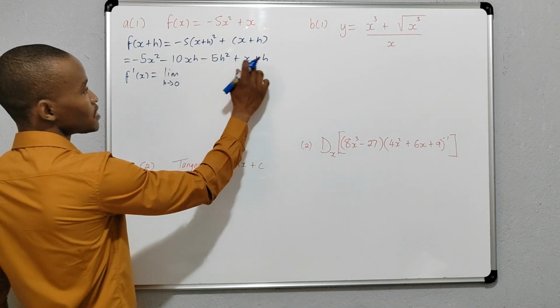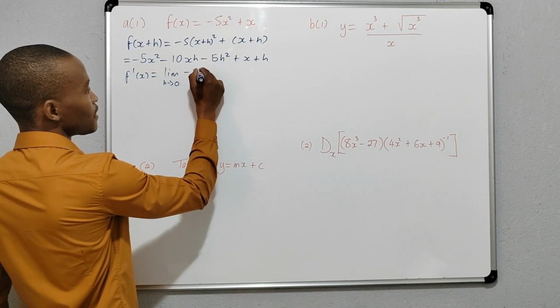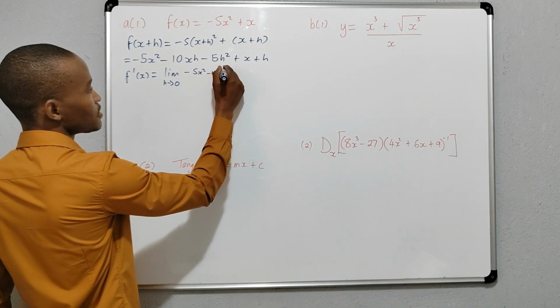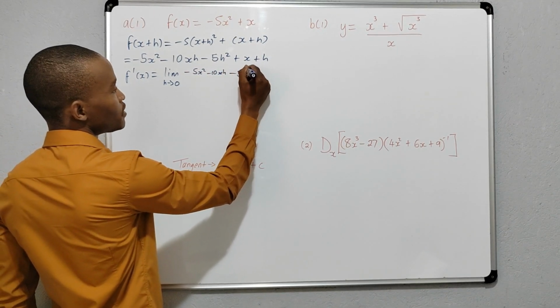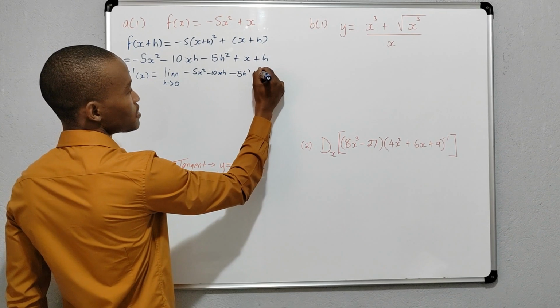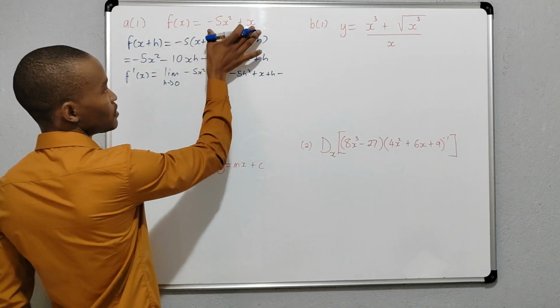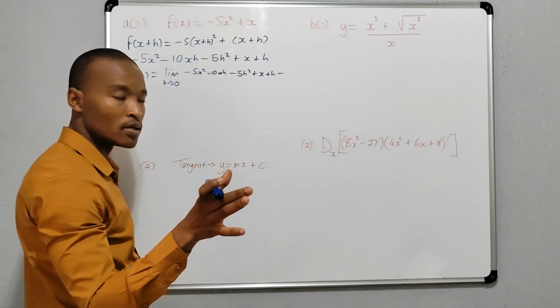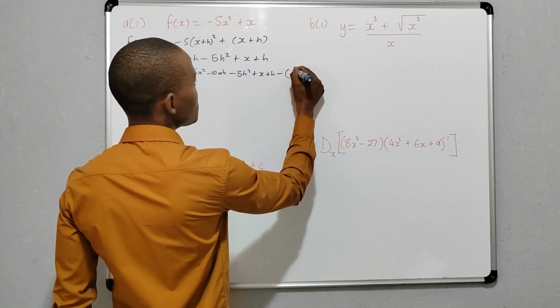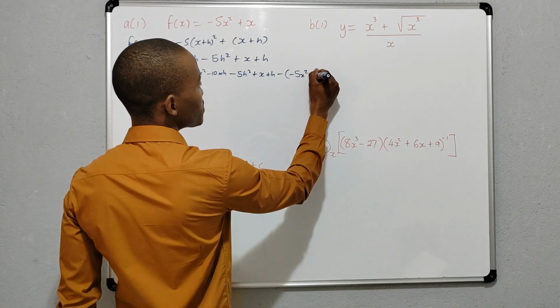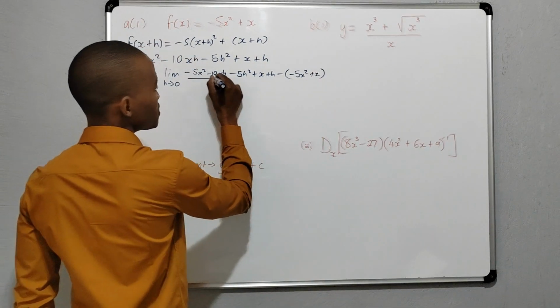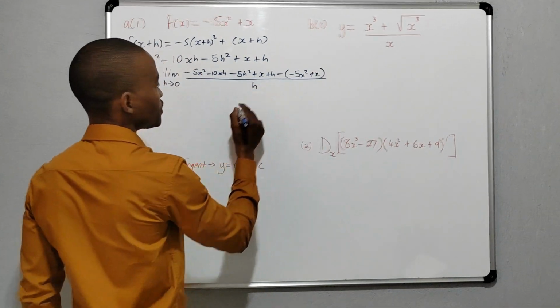So we're going to substitute this entire expression, negative 5x squared minus 10xh minus 5h squared plus x plus h, minus what? f of x. This is a binomial, so we introduce brackets: negative 5x squared plus x. What is this over? It's over h.